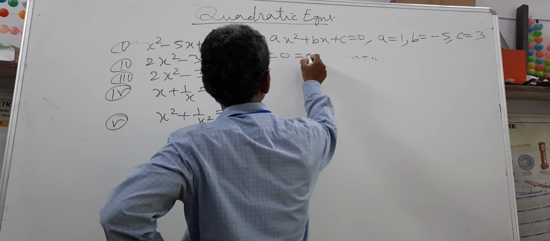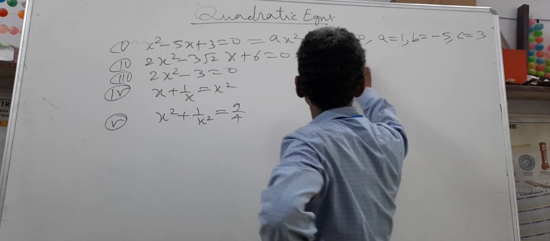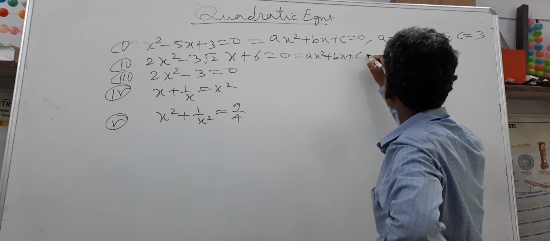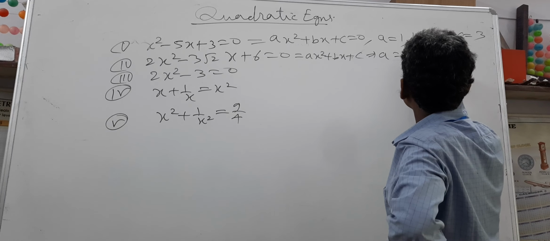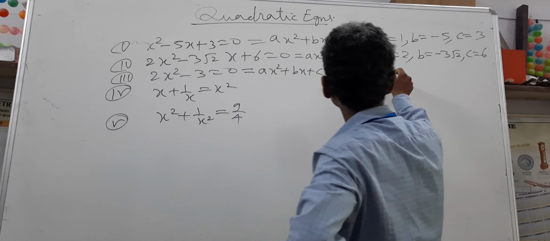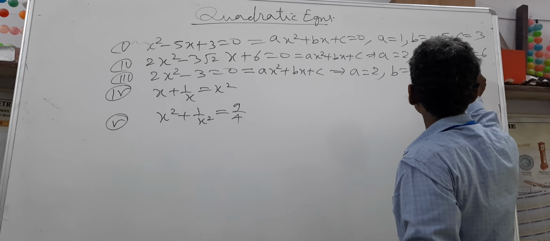The second is also quadratic: a is equal to 2, b is equal to minus 3 root 2, c is equal to 6. The third is also quadratic, ax square plus bx plus c, where a is equal to 2, b equal to 0, c equal to minus 3.